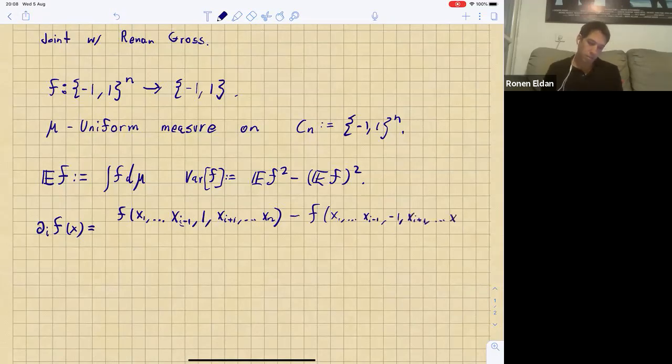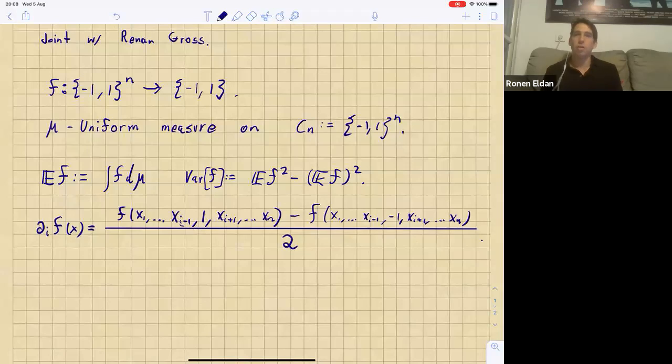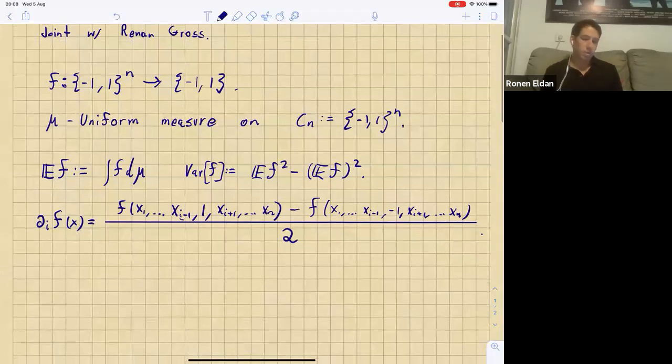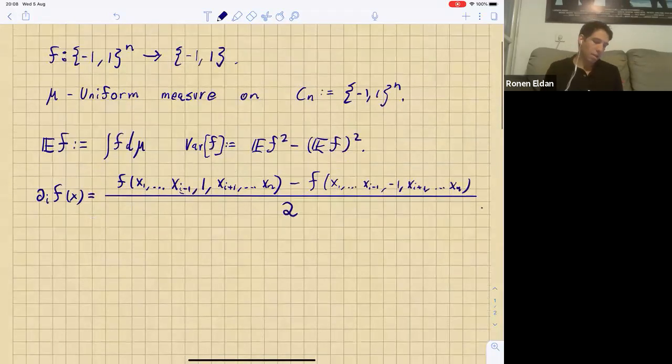It's going to be convenient to normalize this by dividing by 2, though it doesn't matter so much. So this is the ith discrete derivative, and the discrete gradient at x is just going to be the vector of discrete derivatives.